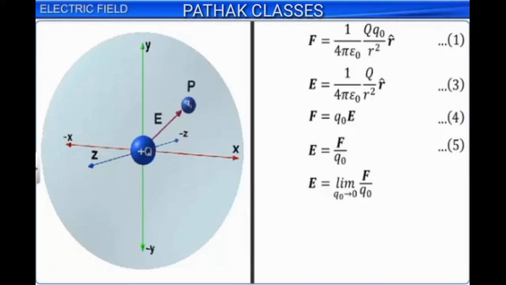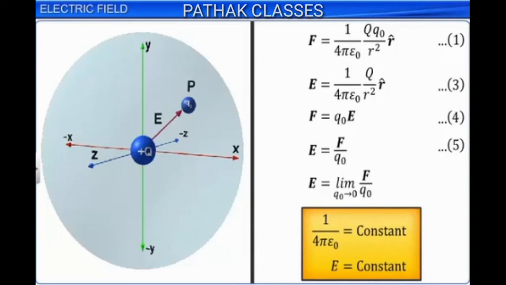For a given distance r from the source charge q, the value of 1 by 4 pi epsilon naught is always constant, and hence E, as given by equation 3, will also be constant.